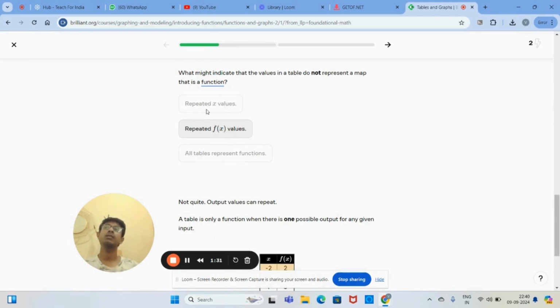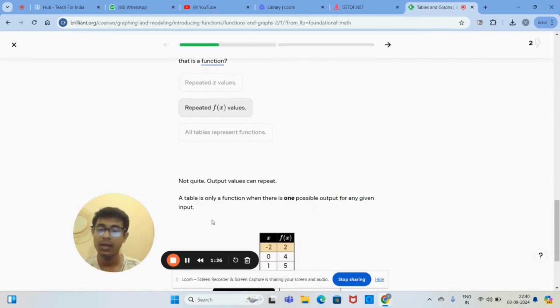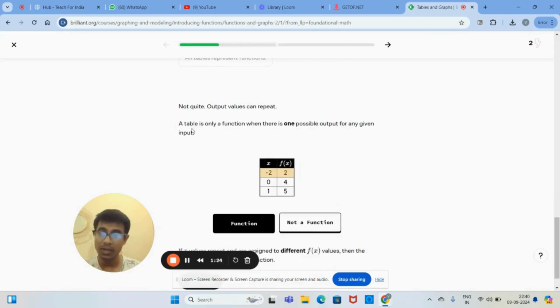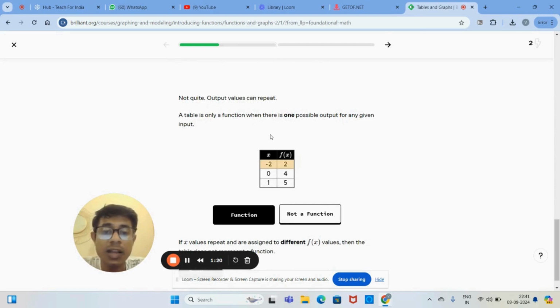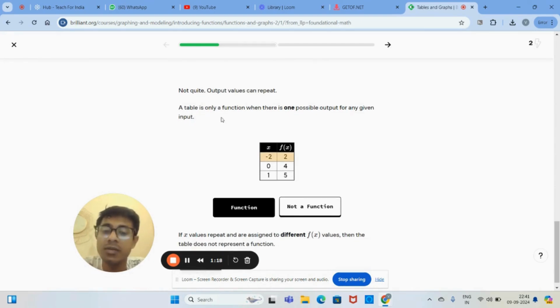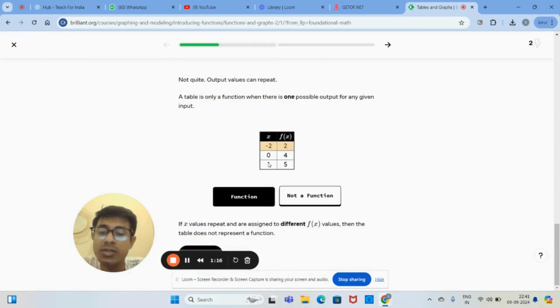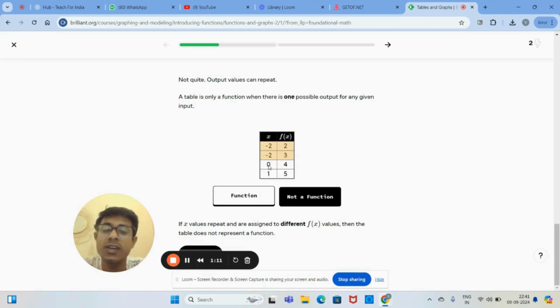Like if you put one, you cannot get three and four. So values can repeat. A table is only a function when there is one possible outcome for any given input. So this is a function because for all these inputs, the outputs are different. Whereas this is not a function because we have repeated inputs over here and we're getting two different outputs. So that's how we can see that in a table.